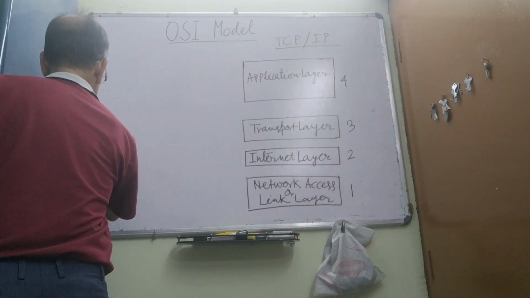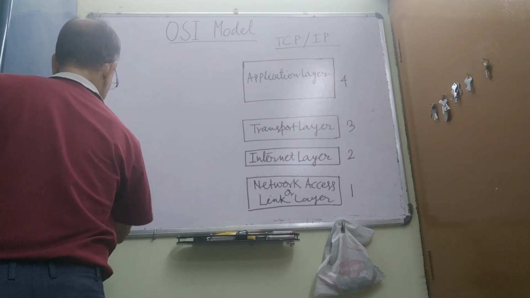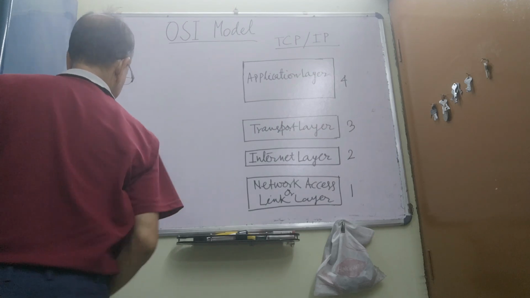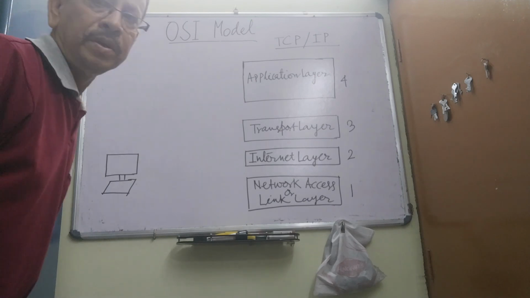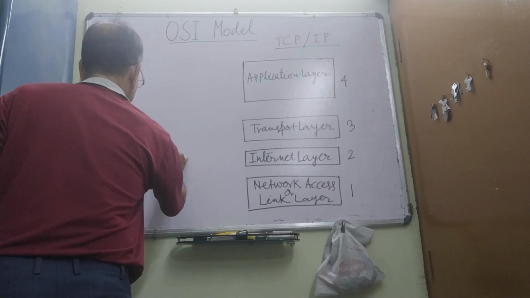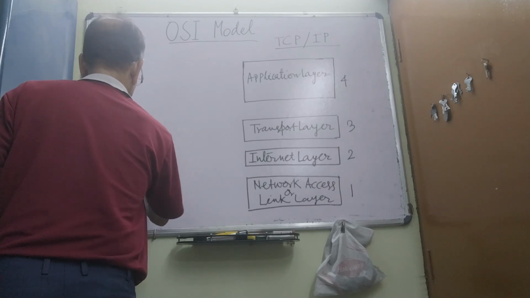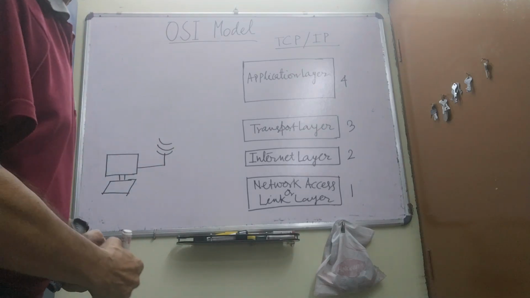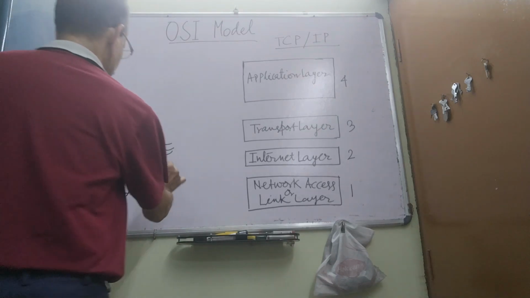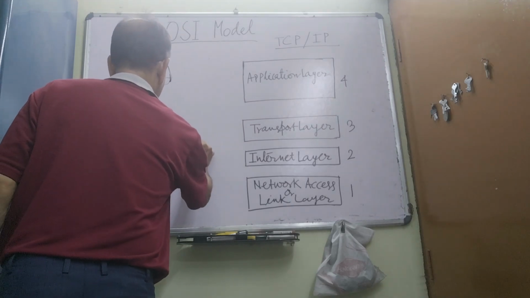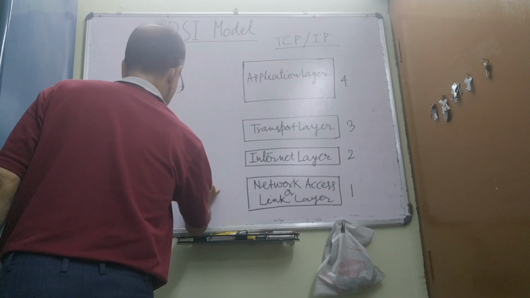Suppose you have a laptop here, this is the laptop, your machine, and here is the Wi-Fi connected to your laptop, and this Wi-Fi is connected to your ISP, Internet Service Provider.